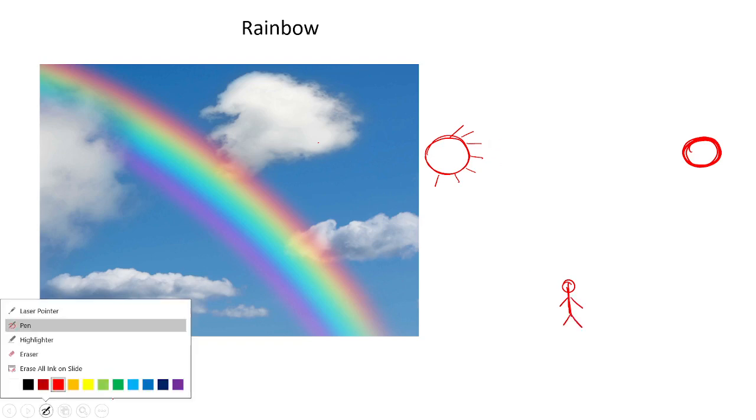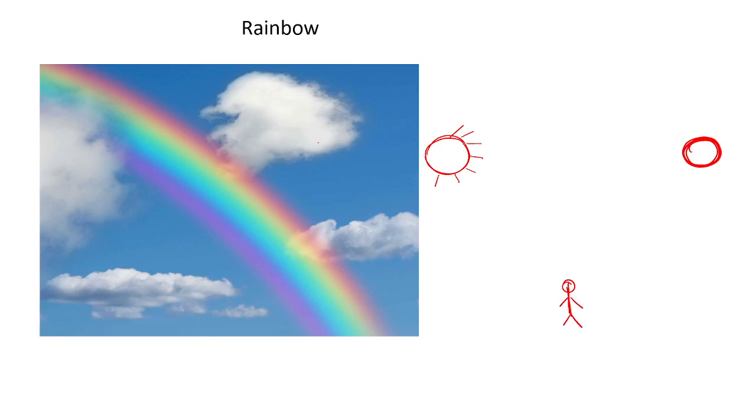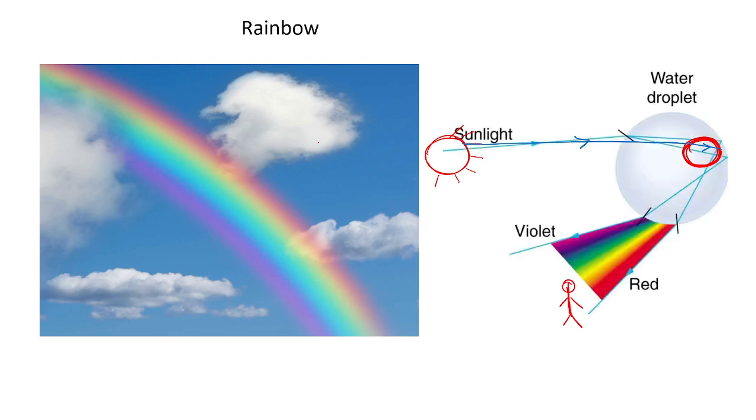The sunlight is coming like this, and it will enter into the water droplets. You can zoom in if it is not visible. The light rays coming like this undergo refraction, entering into the water droplets. After that, it will undergo reflection. I will show in the next diagram. I have already marked the diagram.